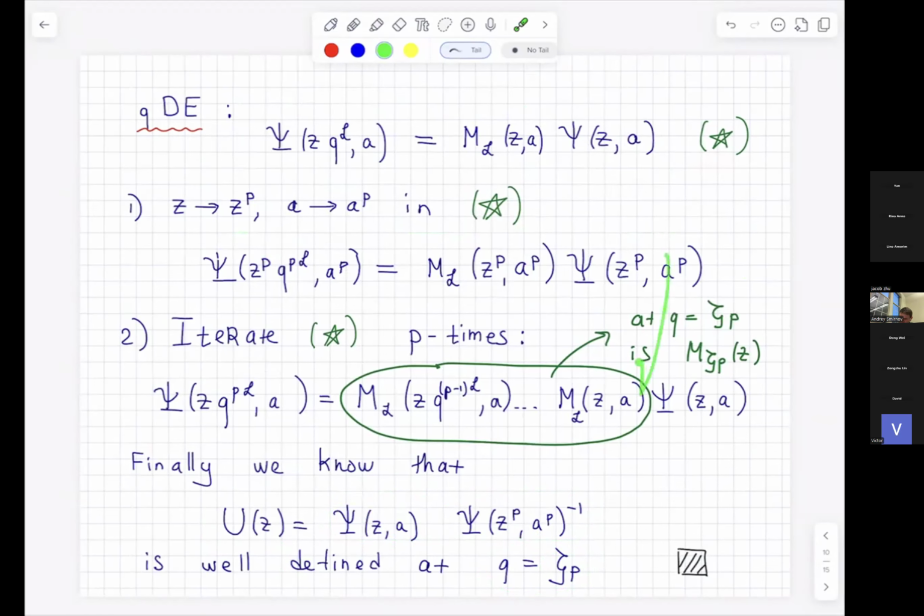And if you divide one equation by another and restrict everything to q to the power p, you exactly get that this operator u is an operator of similarity. So it's a gauge transformation which conjugates one operator into another.